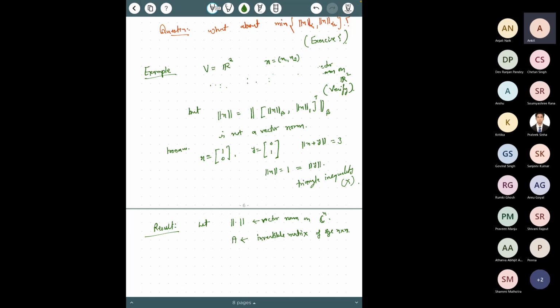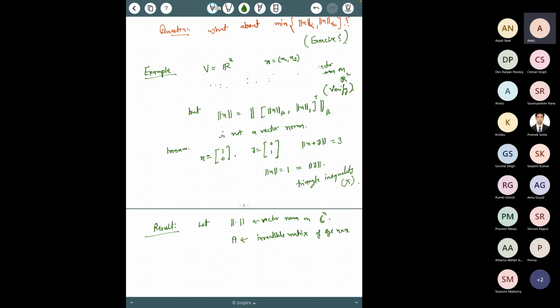So we are given a norm on Cn. Now we know several norms on Cn, there are these LP norms, and we also know different ways to define norms. So take any vector norm on Cn, and suppose that A is any invertible matrix. There are many invertible matrices; you take any invertible matrix A of size n cross n.